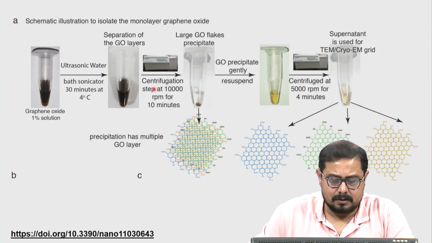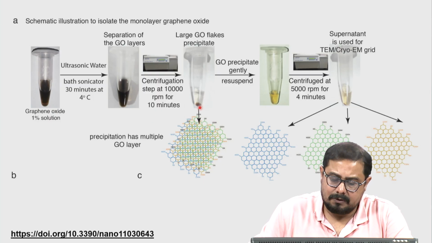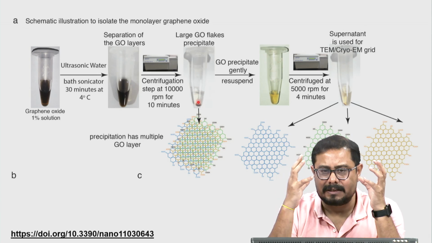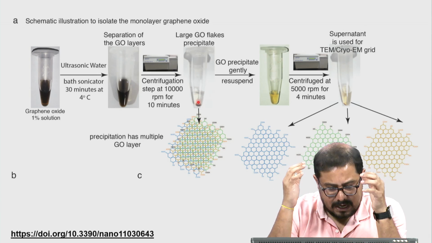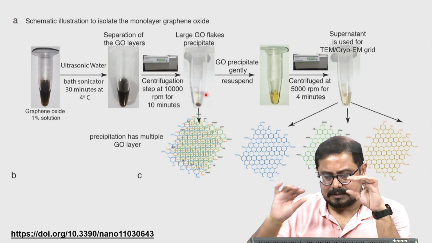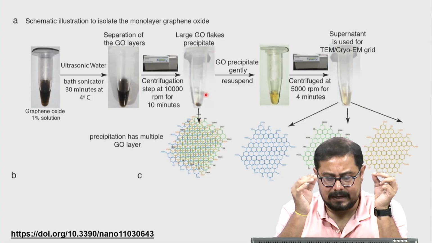When we do the centrifugation at 10,000 rpm for 10 minutes, you can see a small pellet is deposited. This small pellet means the size is very large and it has precipitated. And the solution is not very clean; some kind of orange color is visible.